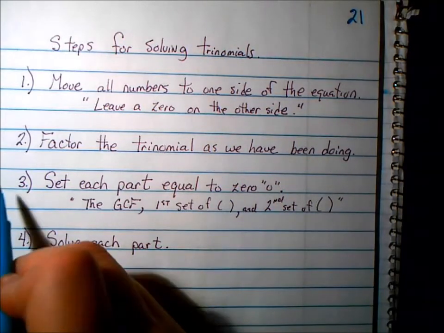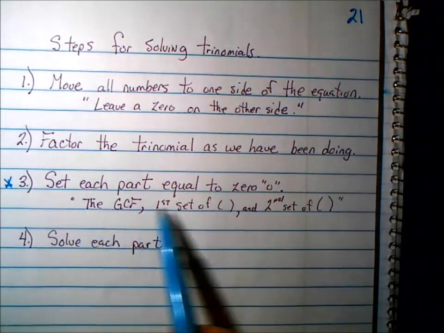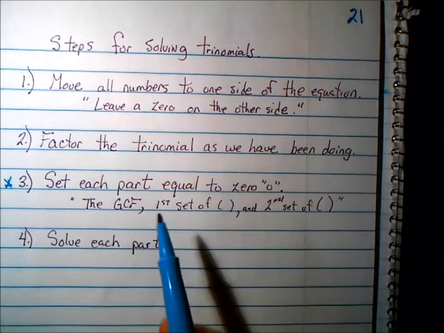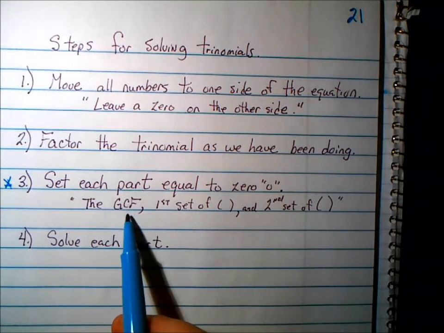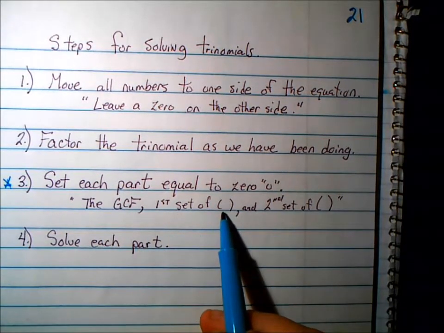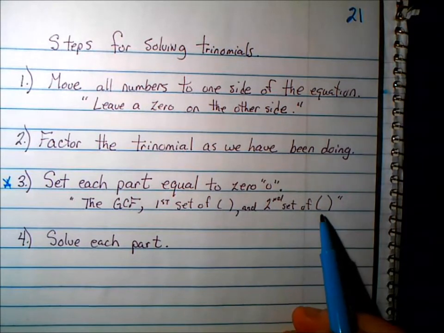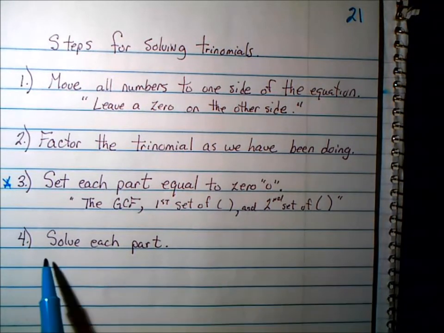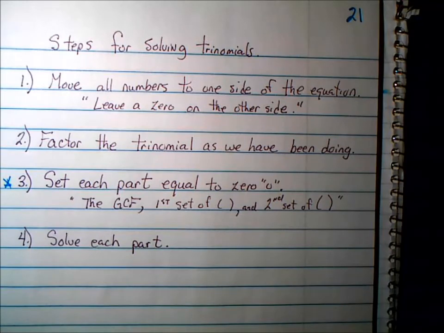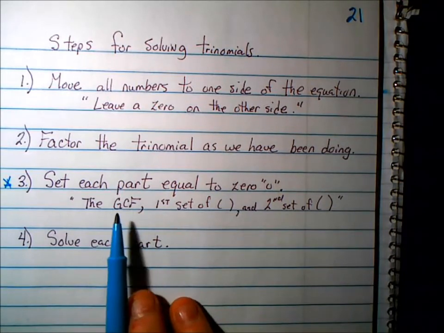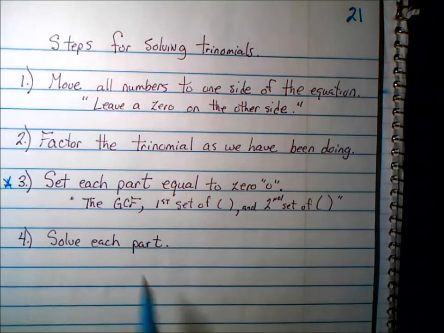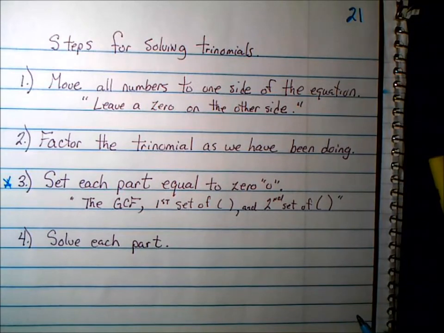The new step is right here where we set each part equal to 0. So if I had a GCF, I put it equal to 0. The first parenthesis I set equal to 0, and then the second parenthesis I set equal to 0. And then we solved each part, and that told you how many parts you had, told you how many answers you should have. That's it for our notes.